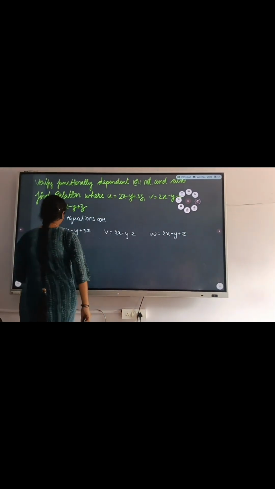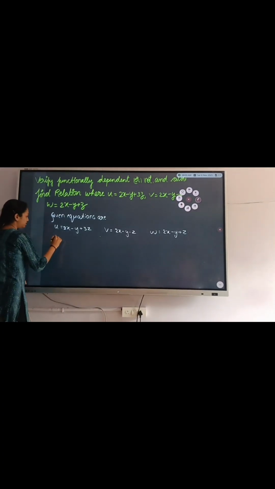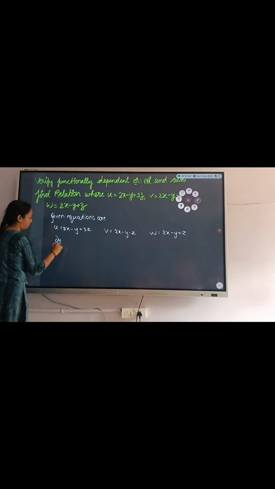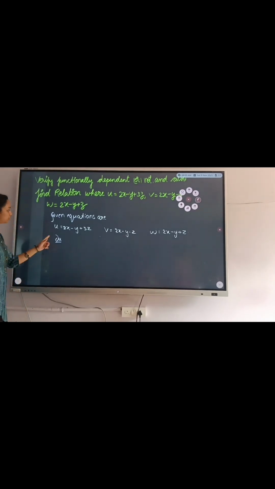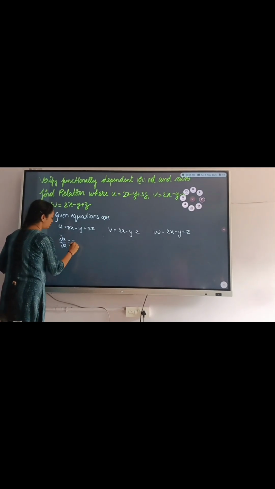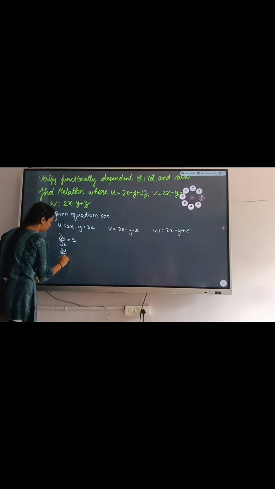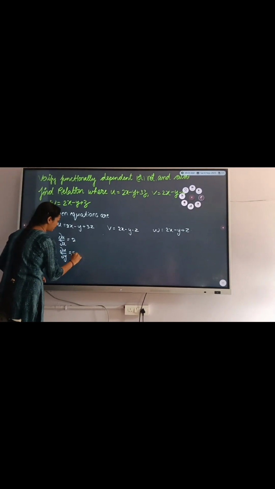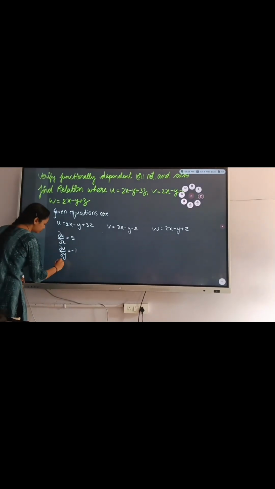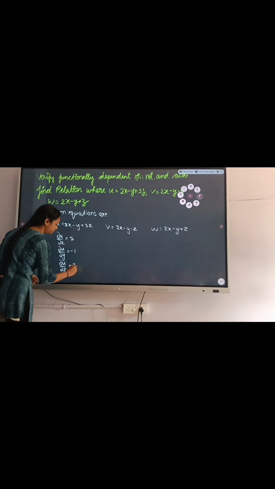Now we have to partially differentiate the equations. Partial derivative of u with respect to x is 2, with respect to y is minus 1, and with respect to z is 3.